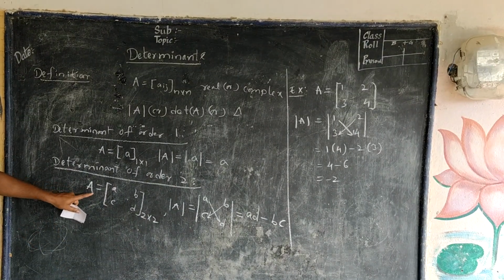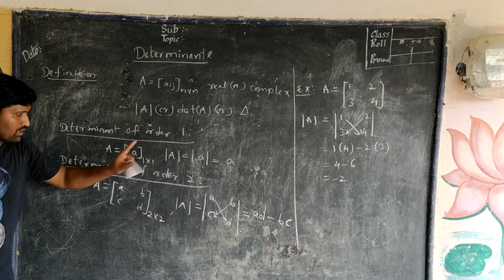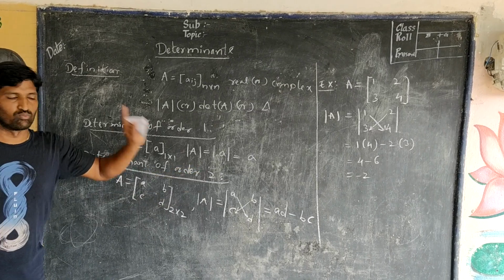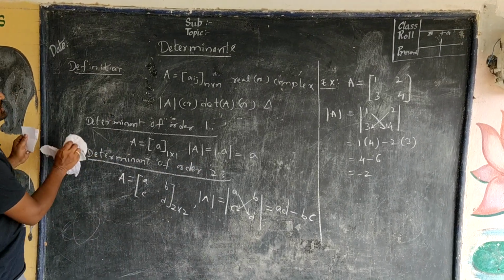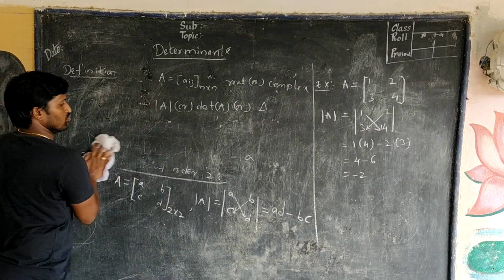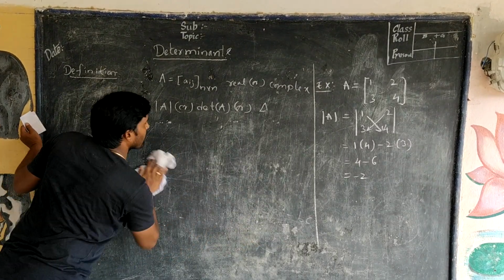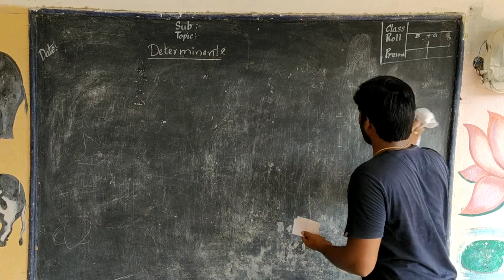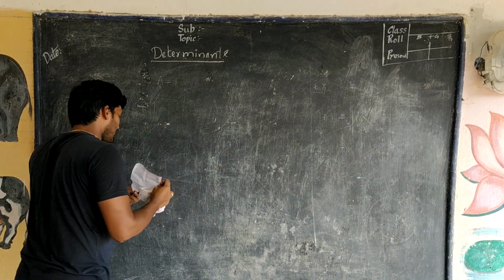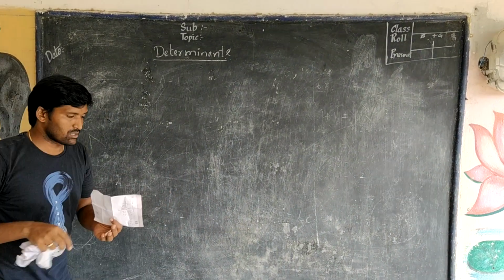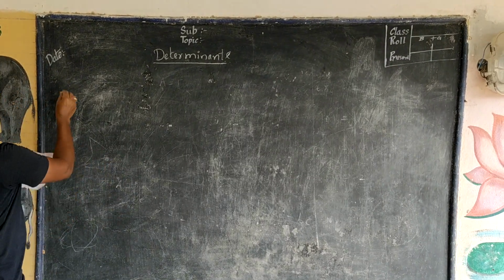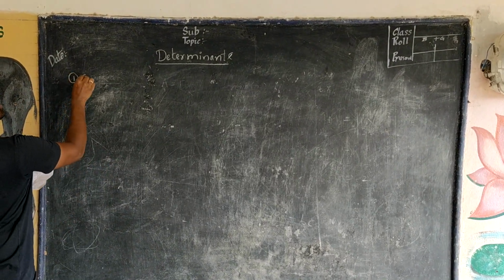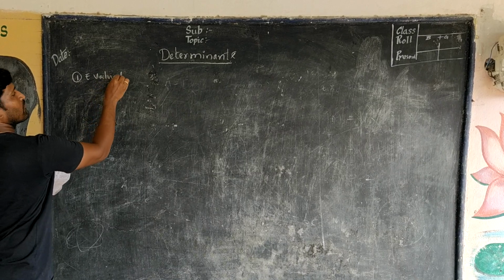Now we have understood how to find determinant of order 1 and determinant of order 2. Now we will discuss some more examples based on order 2. Now some problems related to the concept. How to evaluate the determinant of 2 by 2?